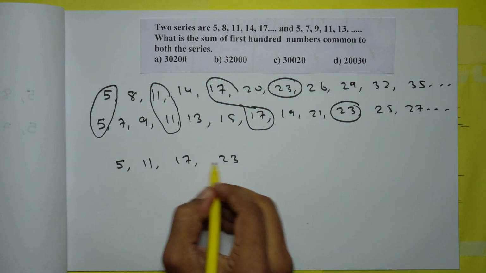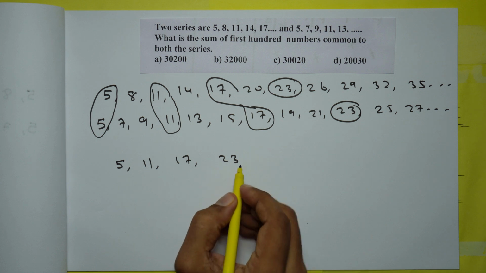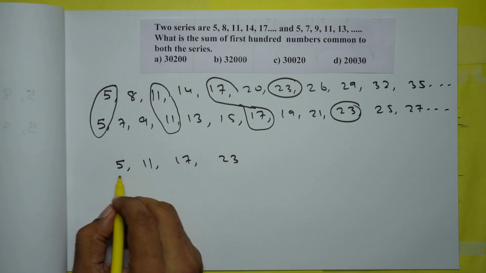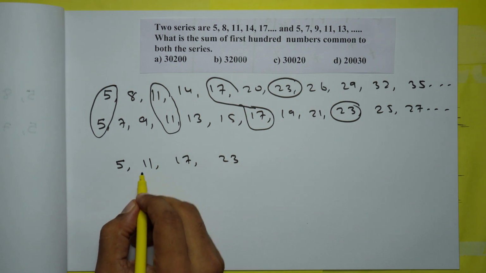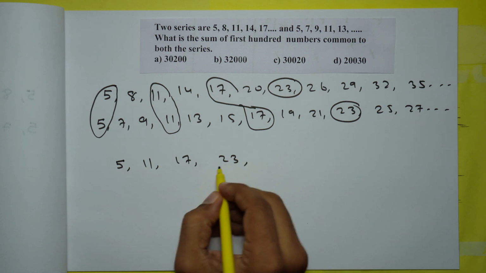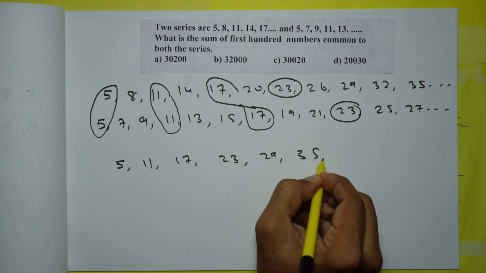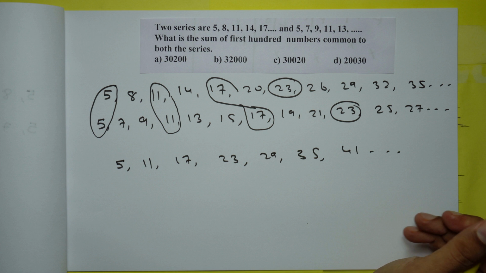You can see that this also forms a series, and each successive number is obtained by adding 6 to the present number. 5 plus 6 is 11, 11 plus 6 is 17, 17 plus 6 is 23, like that. So the next one will be 23 plus 6, 29, then 35, 41, it will be like this.